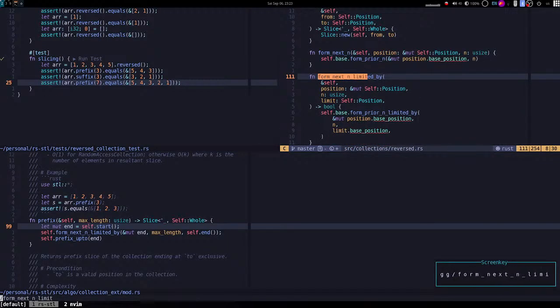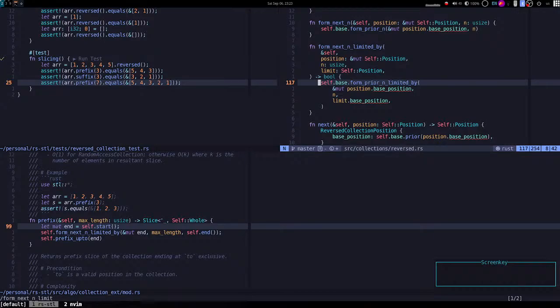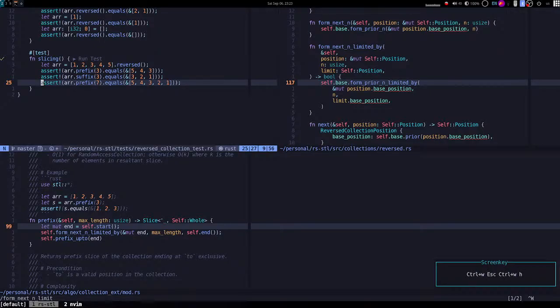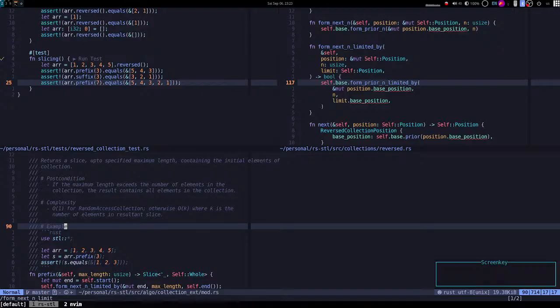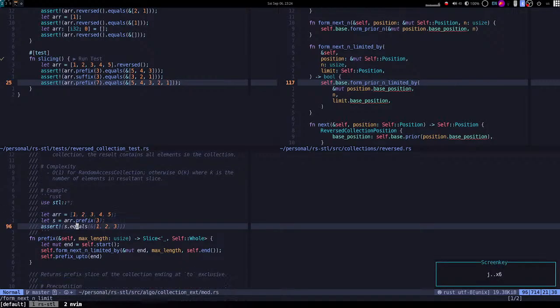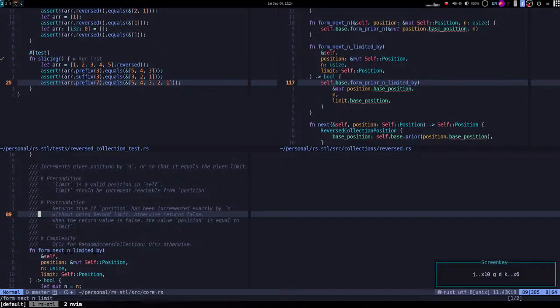Form next and limited by. What is this? Increment reachable from position.